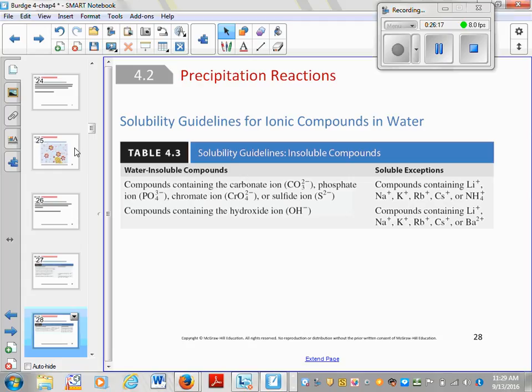Compounds containing the carbonate anion, the phosphate ion, the chromate ion, or the sulfide ion are insoluble, except if you have one of the column 1 cations or the ammonium ion. Compounds containing the hydroxide ion are insoluble unless you have one of the column 1 cations or barium.